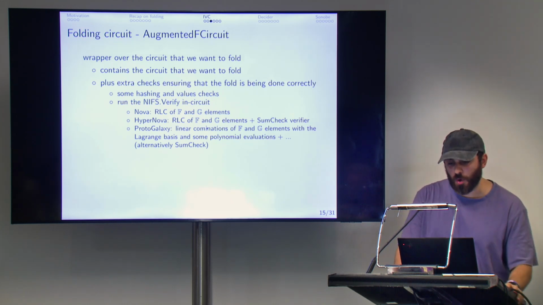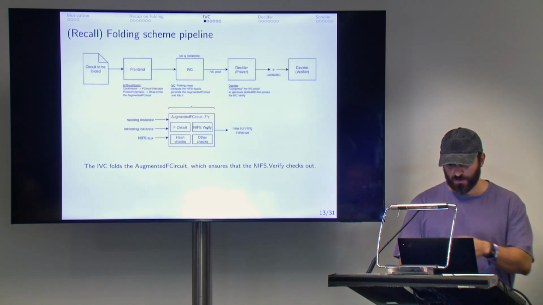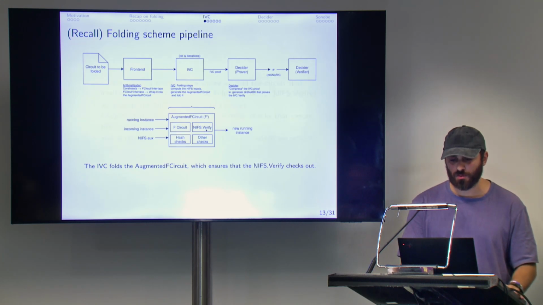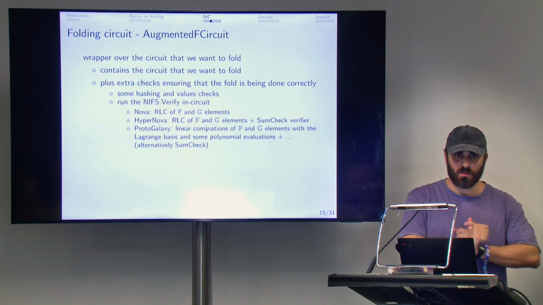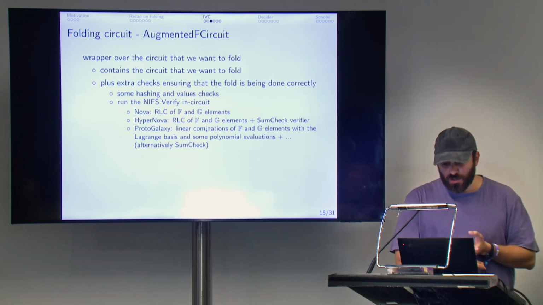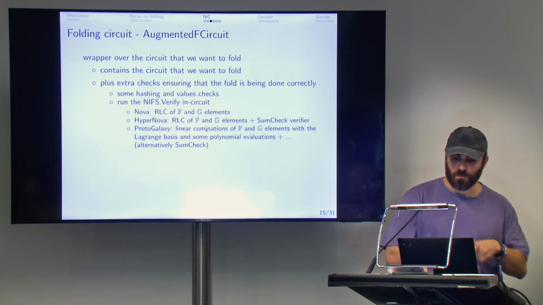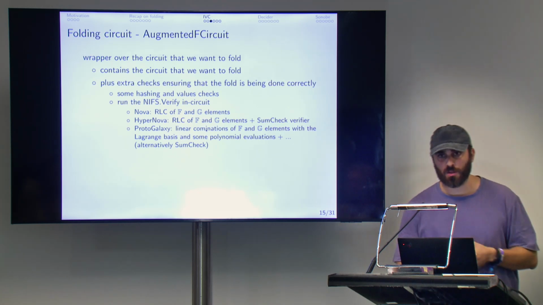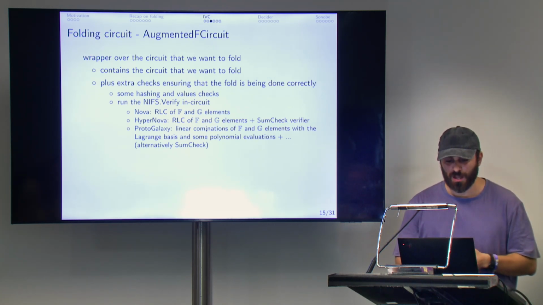In the case of Nova, this NIFS verify is doing scalar field operations, which are native in the circuit where we are working. And also it means doing group operations from the elliptic curves, which is point operations.